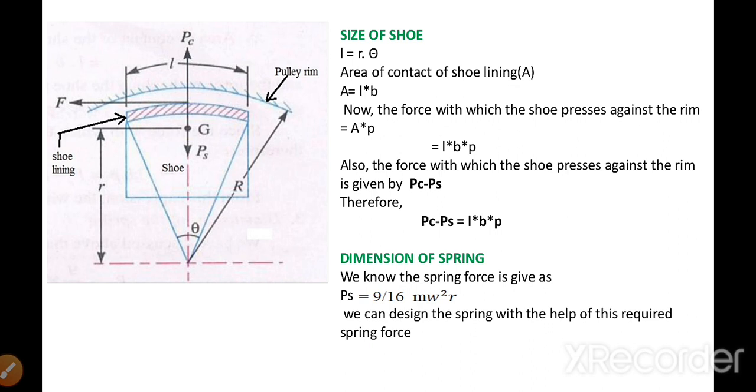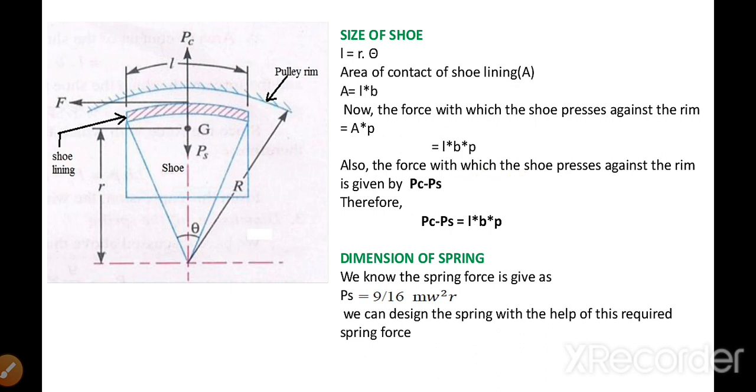Now the force with which the shoe presses against the rim can be given by multiplying the area of the shoe by the pressure intensity between the shoe lining and the rim. This will give you the net force with which the shoes are pressed against the rim, A into p. Putting the value of A as L b, we get the net force L b p.